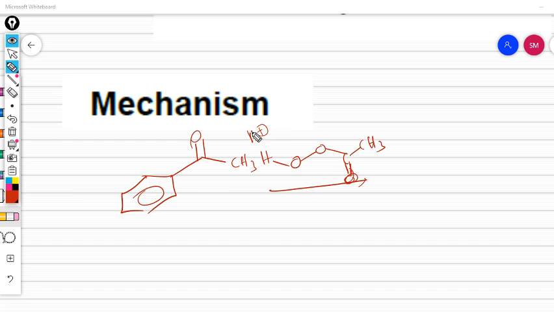Then the nucleophilic bond is going to attack the H. This bond is going to migrate, so that this is going to form a carbocation. At the same time, the distal oxygen, which is more nucleophilic, is going to attack the carbonyl, so this bond is going to migrate.